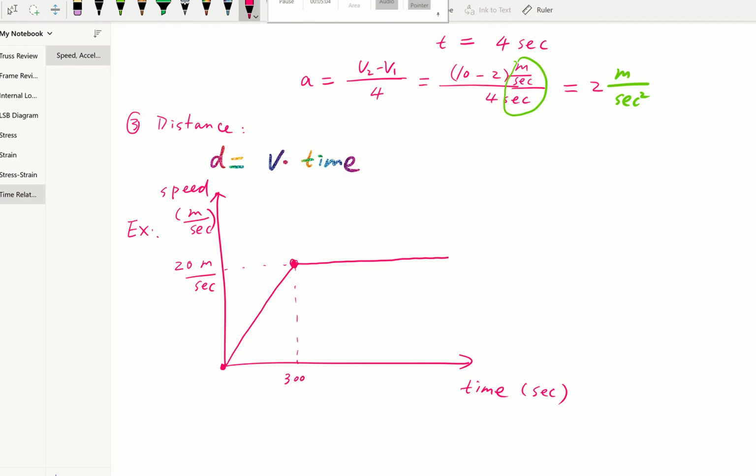Then you have smooth sailing for a while, and that's going to take you 1 hour. 1 hour is how many seconds? 1 hour is 60 minutes, and each minute is 60 seconds, so that's 3,600 seconds. We call this stage 2.